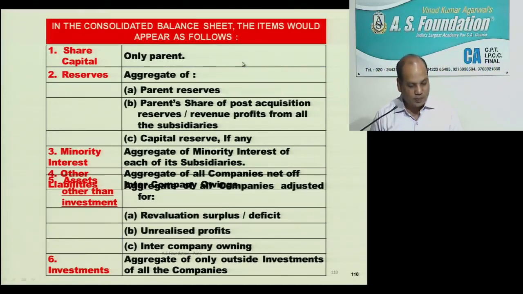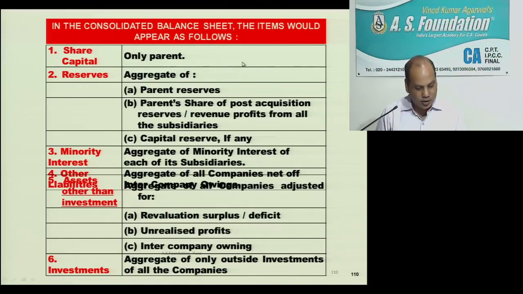Then if any capital reserve arises in consolidation process, when will capital reserve arise? When cost of acquisition is less than share in net asset of subsidiary on the date of acquisition. And then minority interest will appear as third item. Then fourth item, other liabilities will appear minus any intercompany owings. Intercompany owings means dues from each other will be deducted.